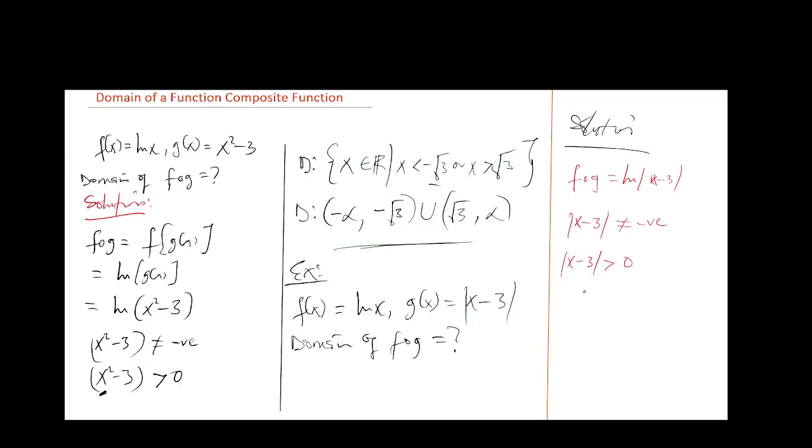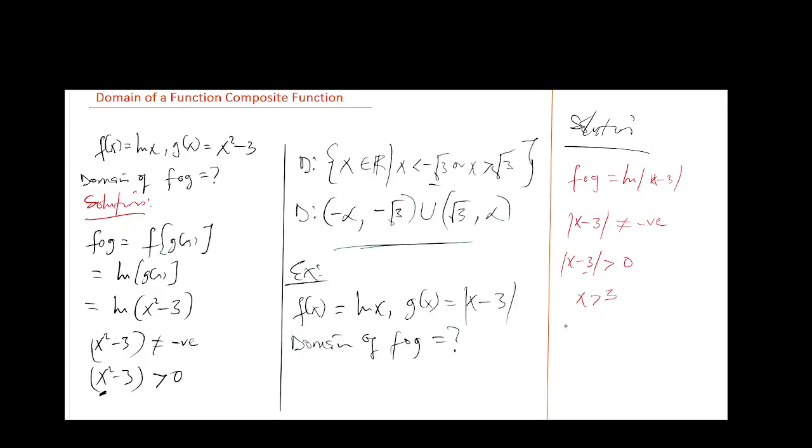And if that is the case, what is the value of x then? x cannot be equal to 3, meaning that x must always be greater than 3, because if it's less than 3, this will give us a negative value. So if we solve for x, x will always be greater than 3.